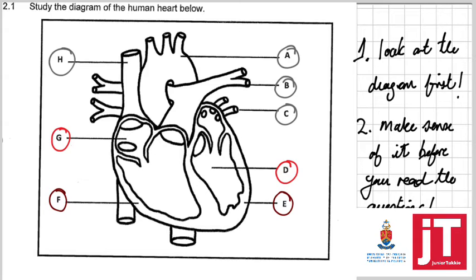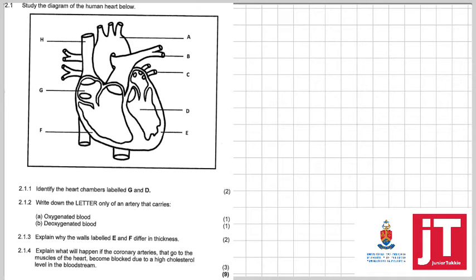Structures F and E, here we have musculature of the heart. So these 2 labels are going to identify either the muscles of the right ventricle or the left ventricle. Right, now we've got a better understanding of what we're looking at, and now we are ready to attempt the questions that await us. Right, so now we can see the bigger picture.